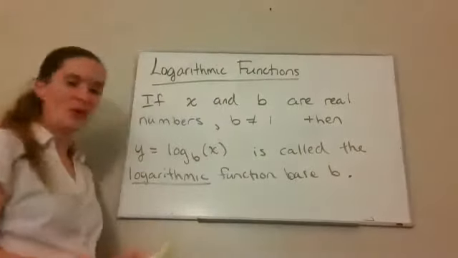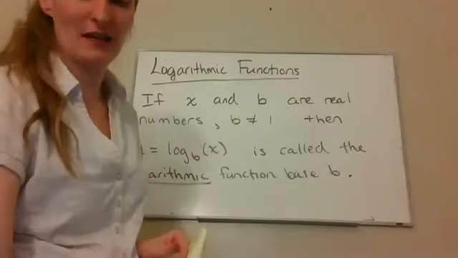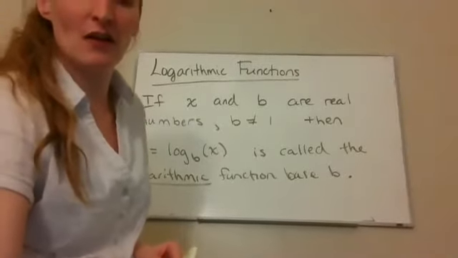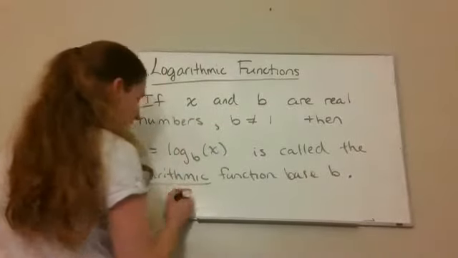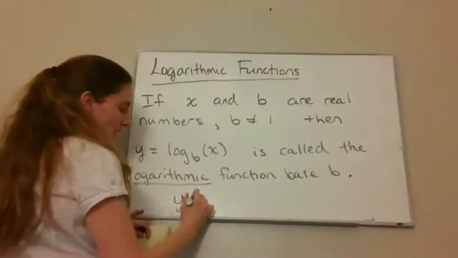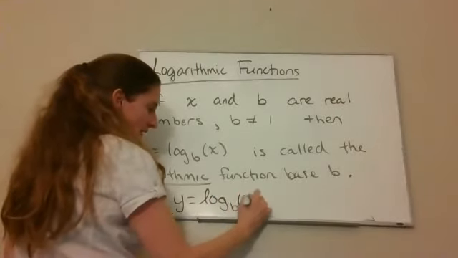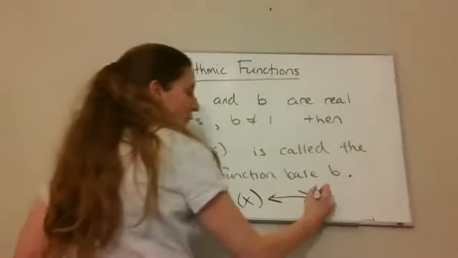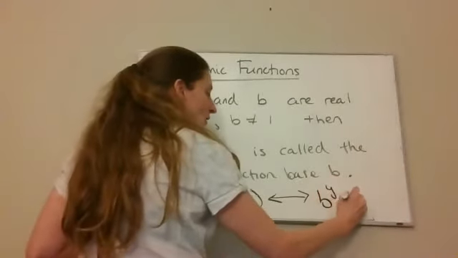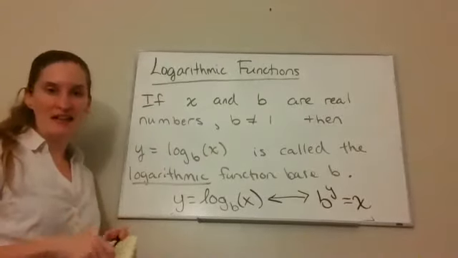And now the important part of the definition is how we actually calculate these things. What you need to know is that y equals log base b of x means the exact same thing as b to the y power equals x. It's the same exact thing.